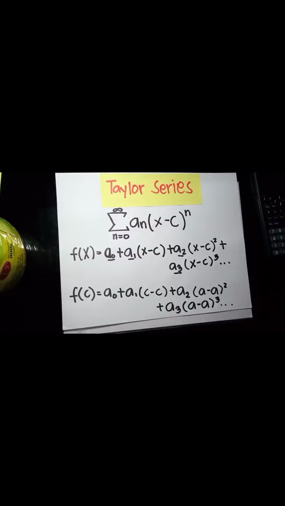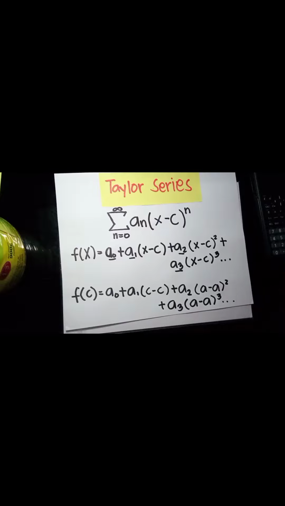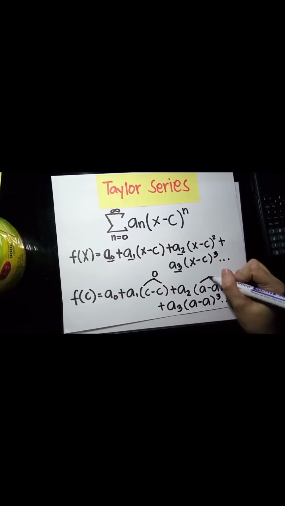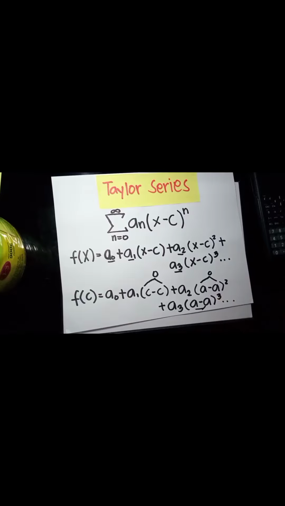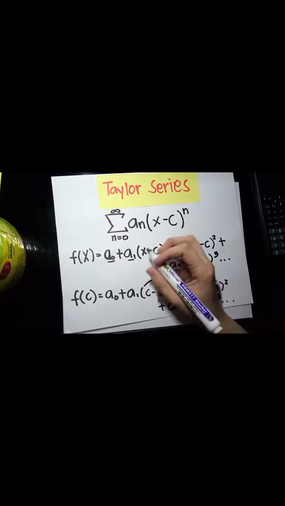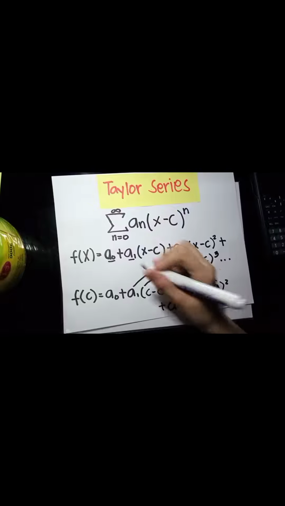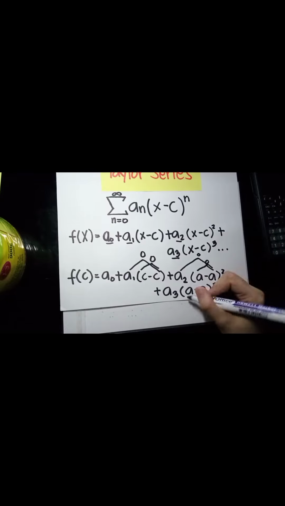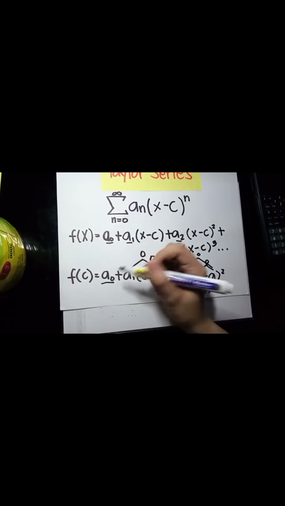If we find f of c, all of these binomials become 0, and therefore all of these terms will equal 0, except for a sub 0.